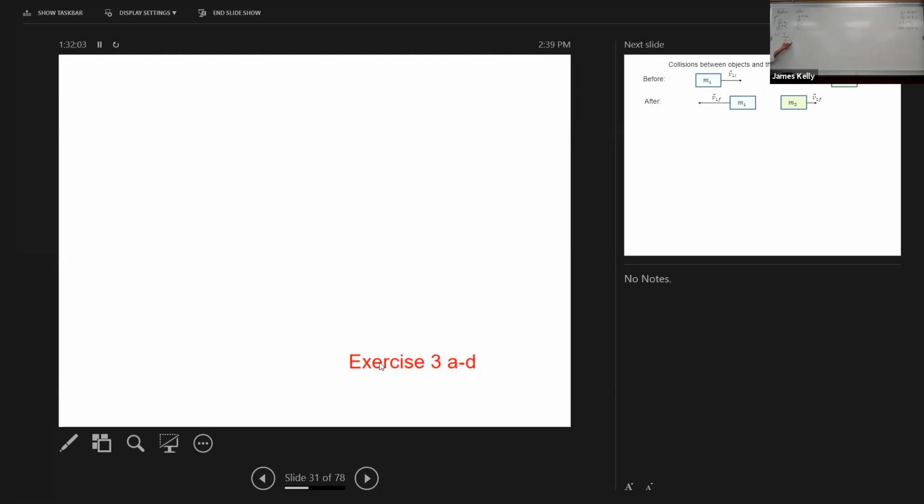I'm trying to put a big subscript on there to make sure I remember what this means. Well, it's the net, so that's equal to the change in momentum y components of the 1 kilogram mass. That's equal to the y momentum in the final state minus the y momentum in the initial state.